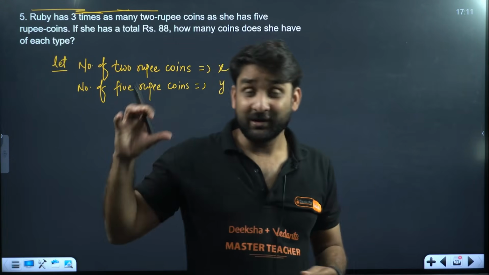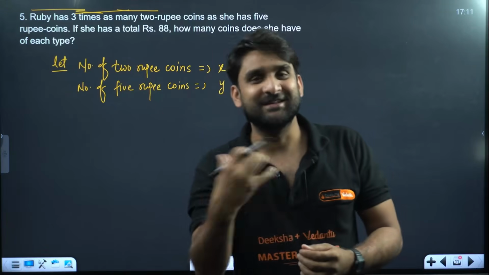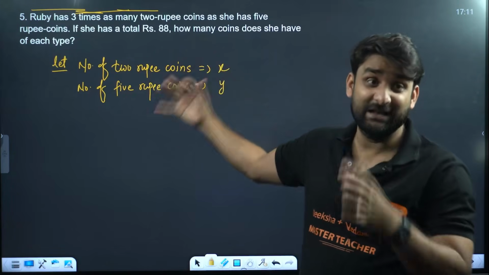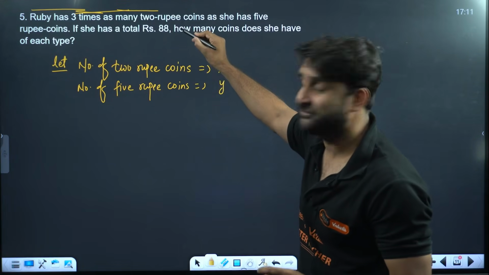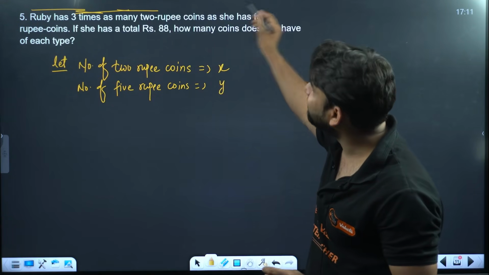Right? There is a little bit of complex English, so you have to translate the English into your language. I mean, you have to understand this given English here. The language is a little bit confusing. Ruby has 3 times as many 2 rupees coins as she has 5 rupees coins.